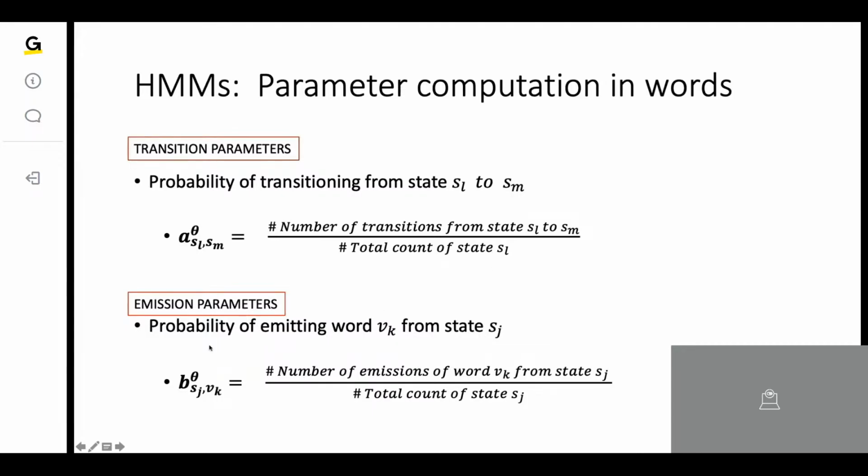Similarly, the probability of emitting a word vk from state sa is given by b_{sa,vk}, which is the number of emissions of the word vk from the state sa divided by the total number of counts of state sa. And these are fairly intuitive. These are the solutions we arrive at for supervised learning.